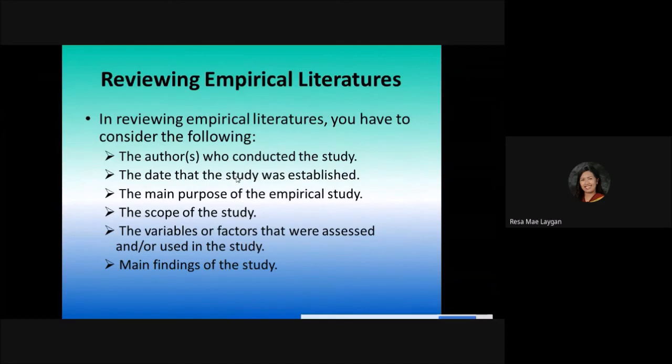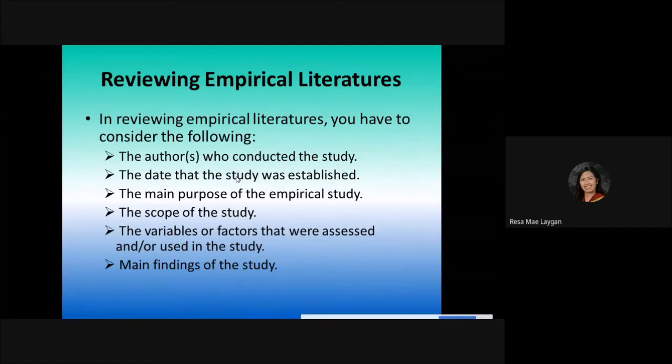Because there are other empirical literatures, they use the same method, they use the same variables, but maybe different in scope. But the findings of the study are not the same. There are contrasts between the findings of this paper and this other paper. So you really need to assess those empirical literatures.